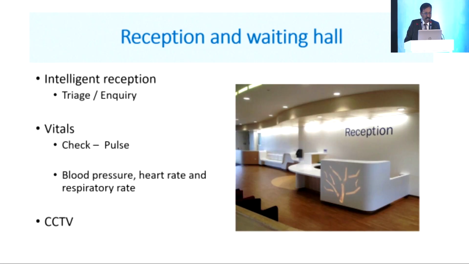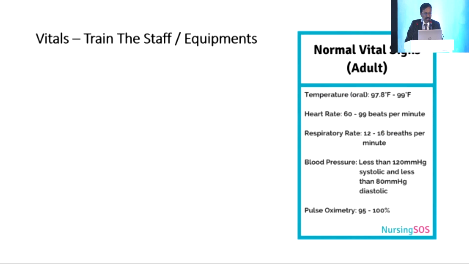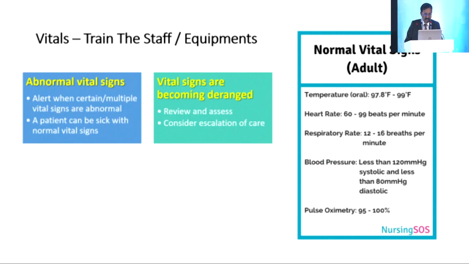And so apart from having intelligent people, we also need to have an intelligent reception with facilities for triage and enquiry. It's important that we teach our staff to check the pulse and vitals. And if we are the only doctor, it is ideal to have a CCTV to monitor the reception area. And we have to train our staff, because most of our staff are trained either in optometry or as paramedical people or as vision technicians.